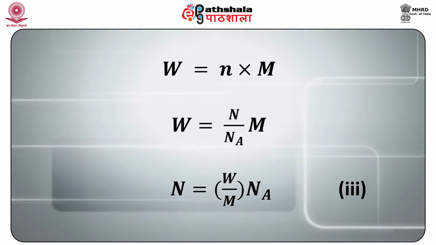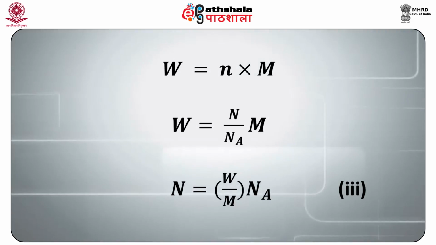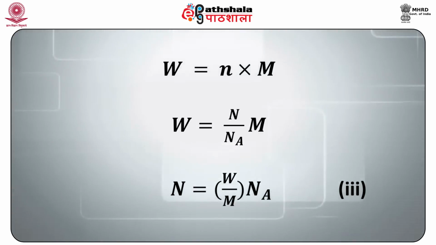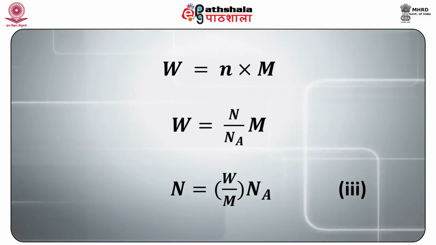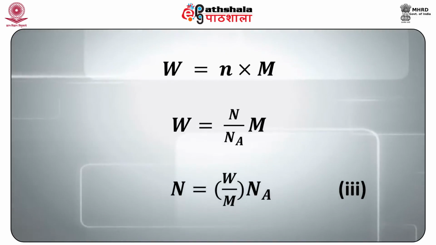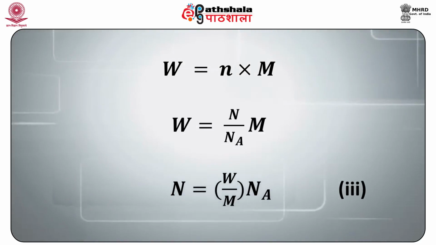Now we have to calculate Mn bar. We know W is equal to N multiplied by M, where N is the number of moles and M is the molecular mass, or W is equal to N by Na times M, or N is equal to W by M into Na as our equation 3.